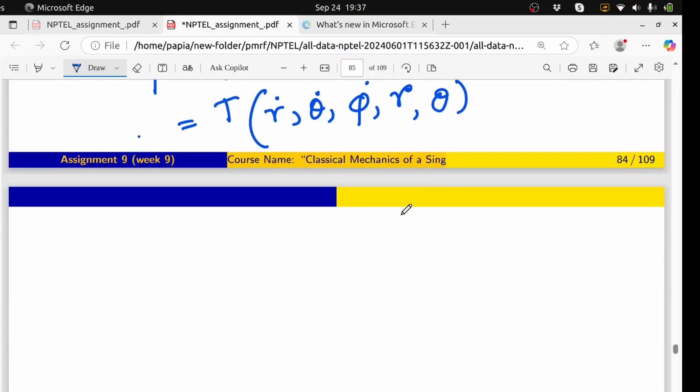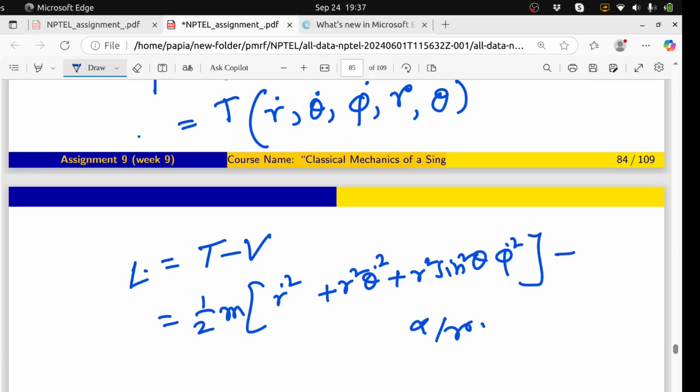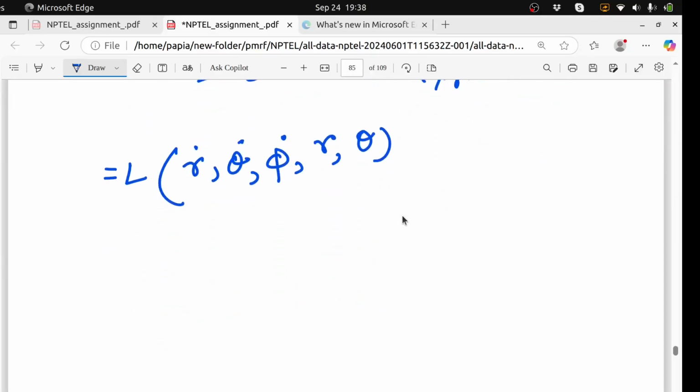Okay, now coming to L. Our L is T minus V, which is half m (r dot square plus r square theta dot square plus r square sin square theta phi dot square) minus alpha by r. So from this expression I can simply see L is a function of r dot, theta dot, phi dot, r, theta.